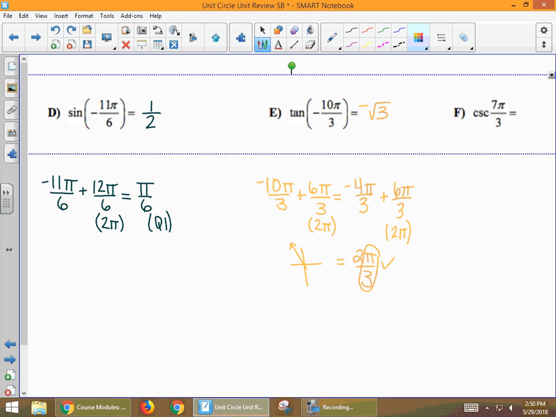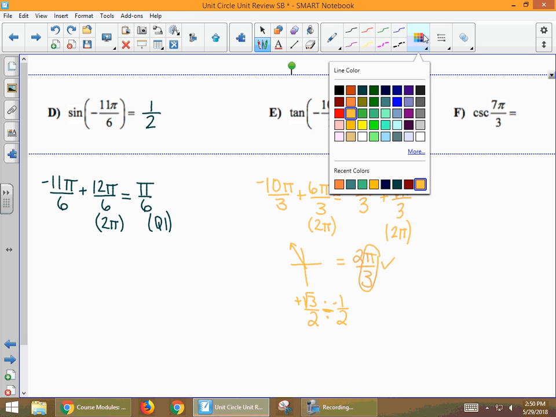Sine at 2 pi over 3 is positive radical 3 over 2, and cosine at 2 pi over 3 is negative 1/2. So if you're dealing with tangent that way, then do that division. You will come up with negative radical 3. I really suggest that you do the best you can to memorize those tangent values.